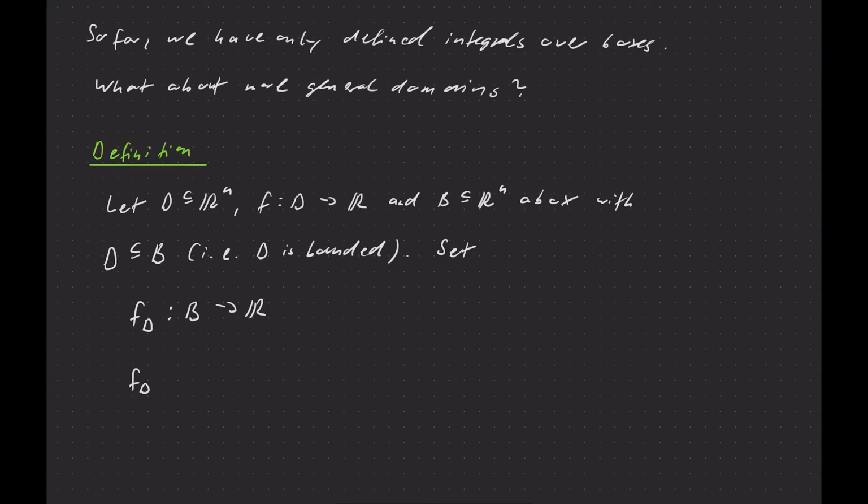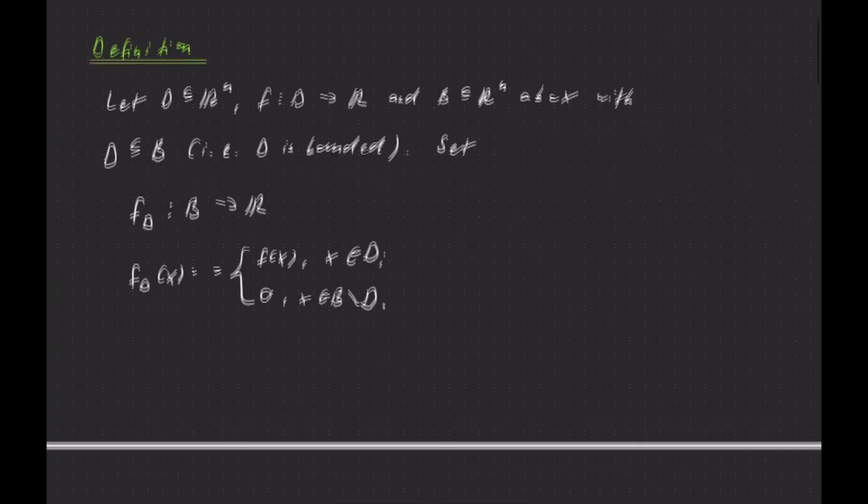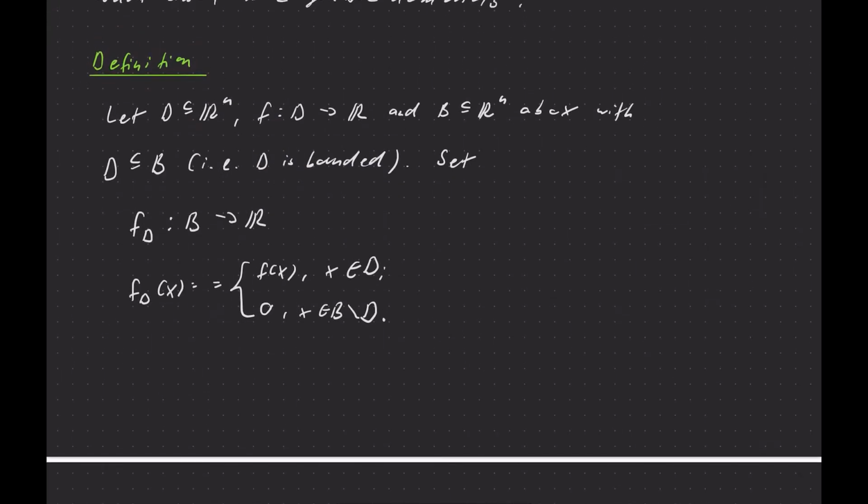And we'll simply define f_D(x) as f(x) if x is contained in the set D, or 0 if x is in the set B but not in D. So the idea is to extend the function f to the whole box B by simply keeping the function values as they were over the domain D, and setting them to 0 everywhere else on the box.